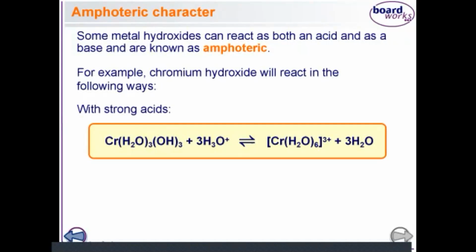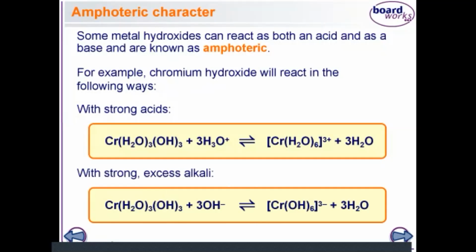Chromium hydroxide plus a strong acid will give you a chromium aqua complex and water. Now, if we allow chromium hydroxide to react with a strong base or strong alkali, just like what we have seen earlier, it will create a chromium hydroxide complex and water.